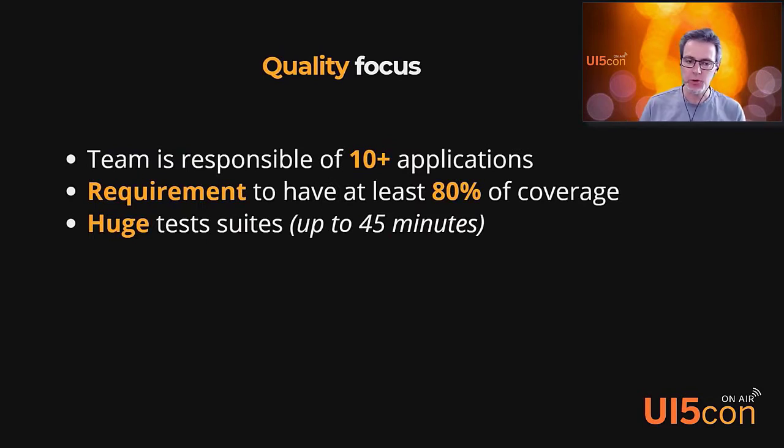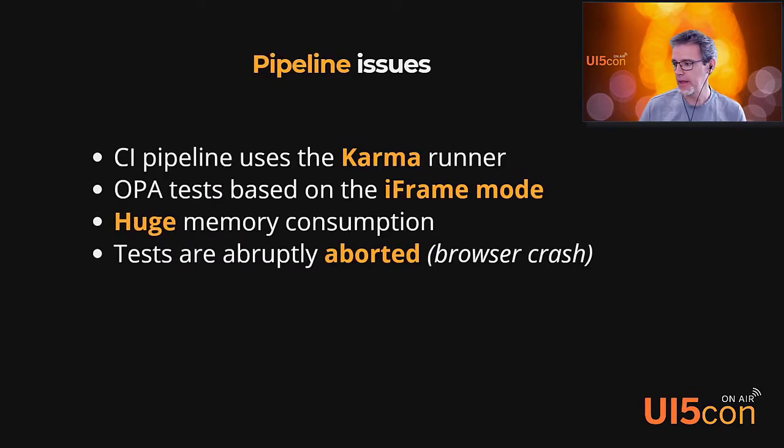I have a strong quality focus, and I'm part of a team responsible for more than 10 applications. The official recommendation for these applications is to have at least 80% coverage, both backend and UI. This ends up having us develop huge test suites, and some of them can run for up to 45 minutes whenever we deliver something. And this year, we started to have some troubles with these test suites.